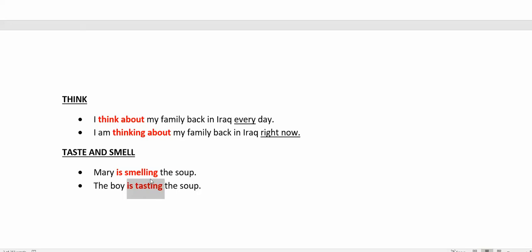So it's not a non-action verb. This is an action verb. So smell and taste can be both action and non-action. But the only way it's action is if there's a person as the subject doing something. I hope that's clear.